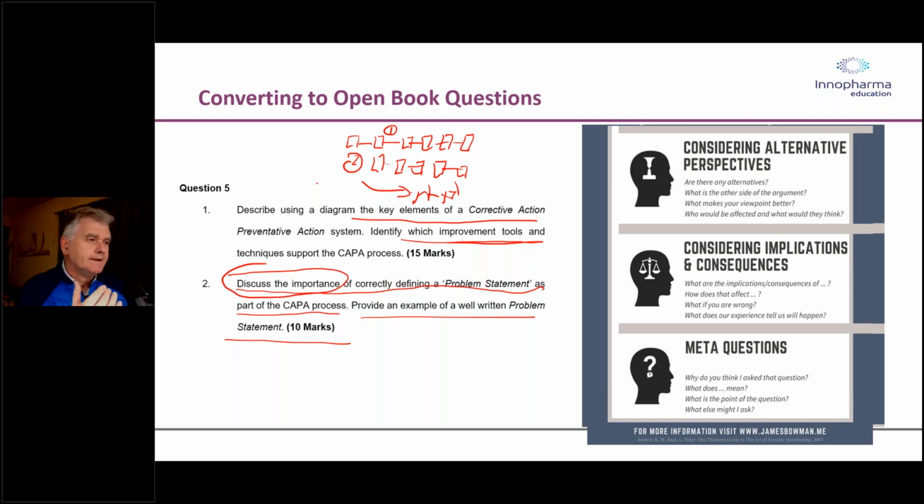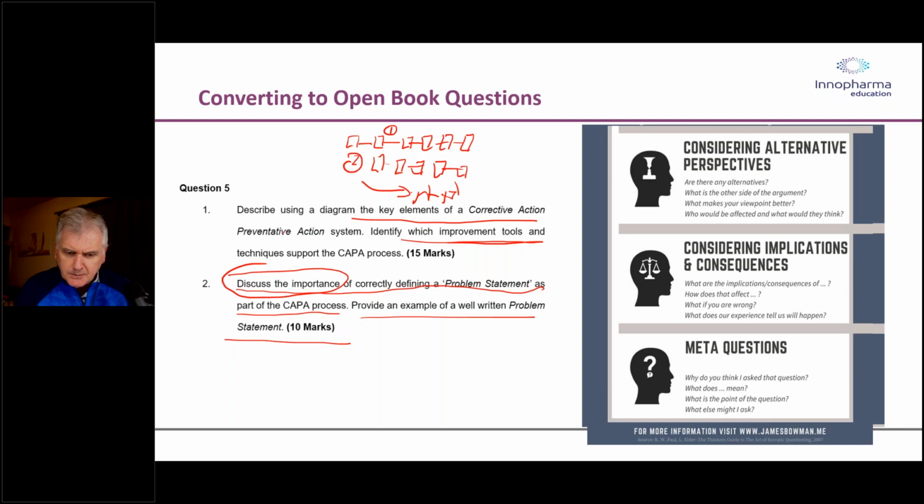This is a level 1. This is very simple. But you could ask the question, what would happen if you made the wrong assumption about it? What would be the implications? What would be the consequences of making the wrong decision? And so you can see how you can ask it in a slightly different way, okay?